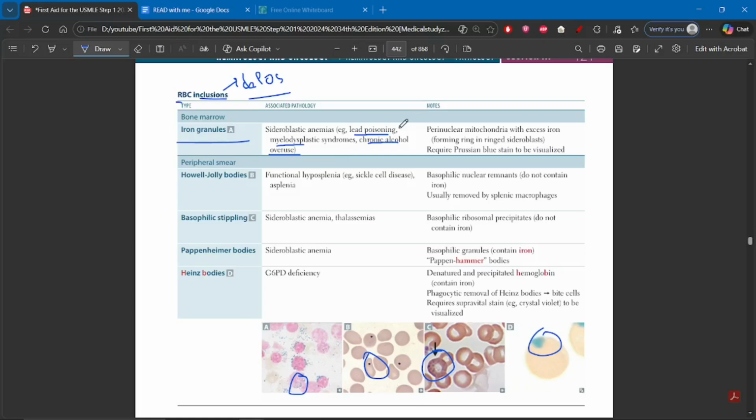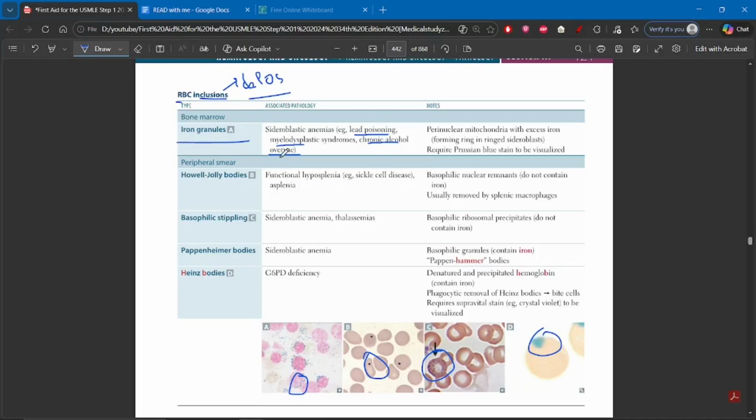Lead poisoning can inhibit an enzyme in the heme formation process, ferrochelatase, and myelodysplastic syndrome can also inhibit the pathway and cause sideroblastic anemia.